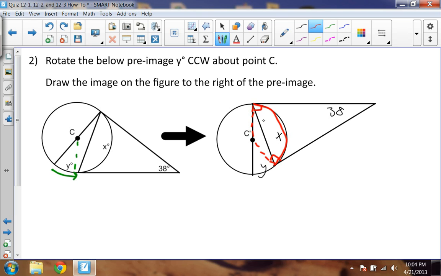So if those are both 90, and this quadrilateral right here adds up to 360 degrees, then that means that 38 plus the central angle equals 180 degrees. And since the central angle is as much as x, then x plus 38 equals 180. Subtract 38 and you get x is 142.